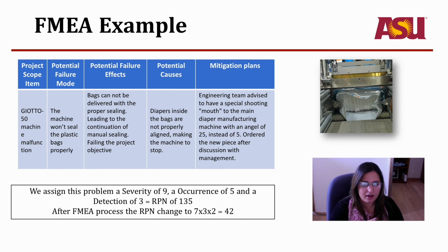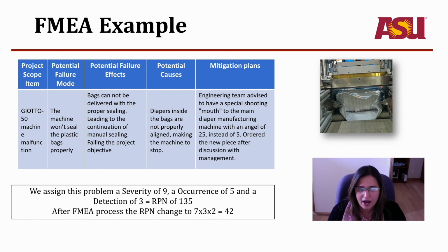First we assigned this problem a severity of 9. Of course, we can't sell diapers that are not properly sealed in a bag. Occurrence of 5, and then detection of 3. That gave us the RPN of 135. As a rule of thumb, any RPN greater than 100 should be analyzed and re-evaluated, and a mitigation plan should be created for it.